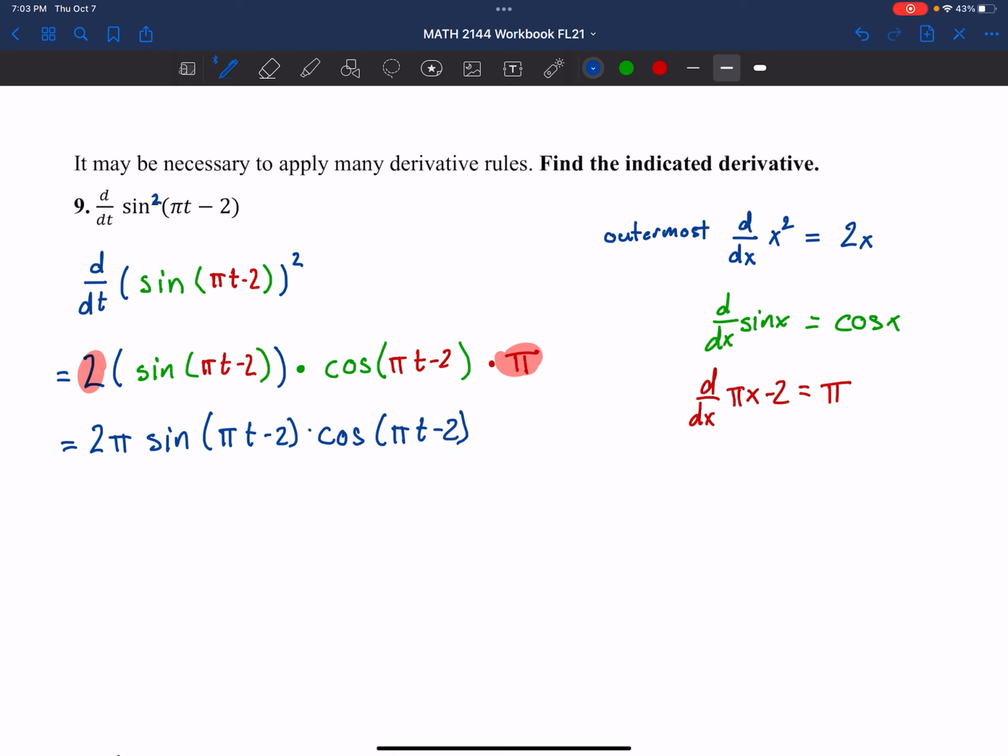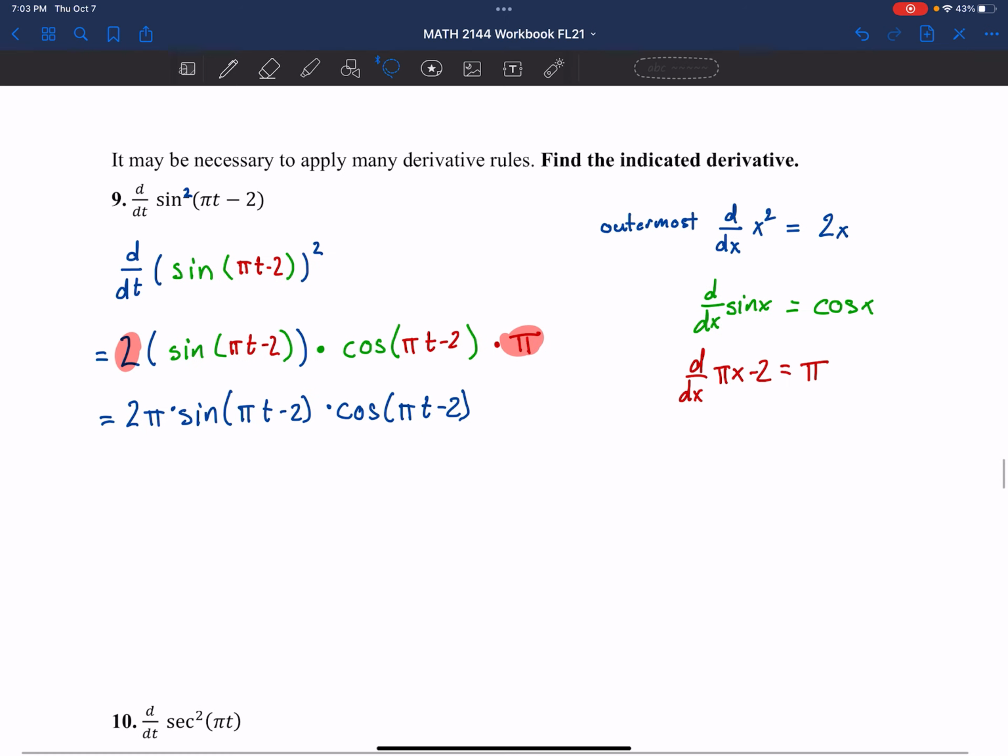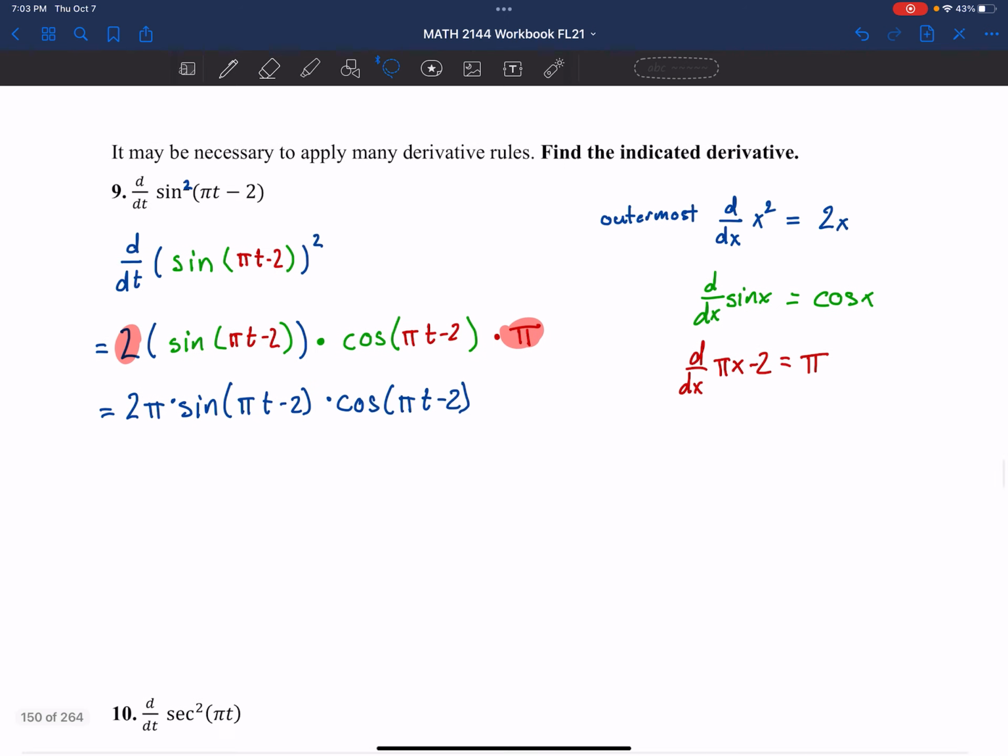And maybe just to clean it up, put a little multiplication symbol between those right there. But keep in mind that these two right here act as the input to the trigonometric functions. So again, that's just a repeated application of the chain rule.